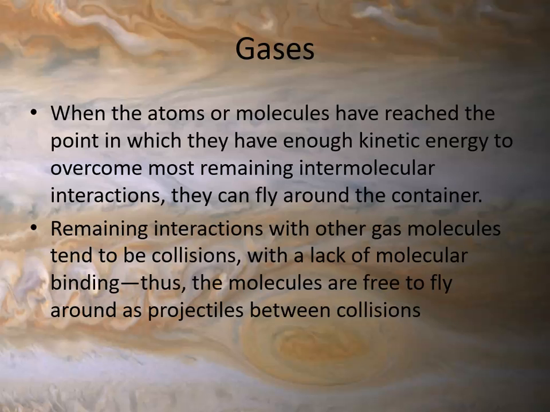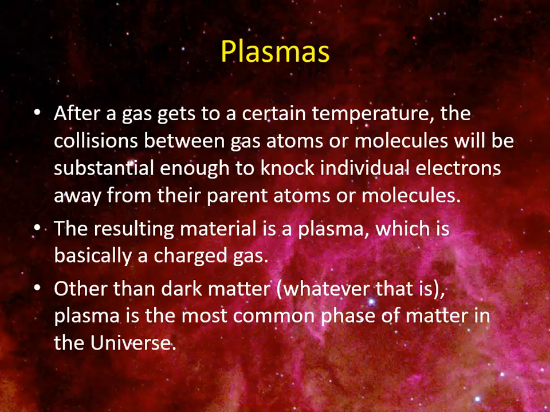And they have enough kinetic energy basically to fly around the container in projectile motion. So remaining interactions are going to be with other gas molecules, and they will just be collisions, but they're not really going to stick together during these collisions most of the time, unless they happen to be molecules of different gases that naturally like to bond together and haven't yet done so. So they're free to fly around.